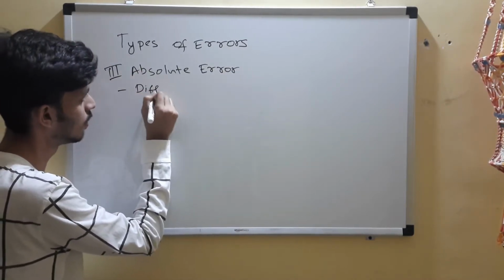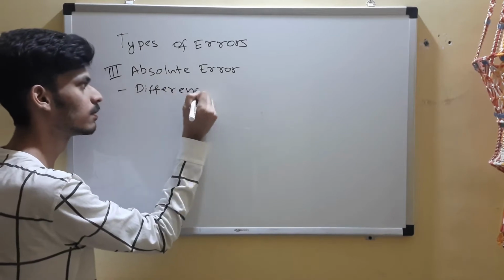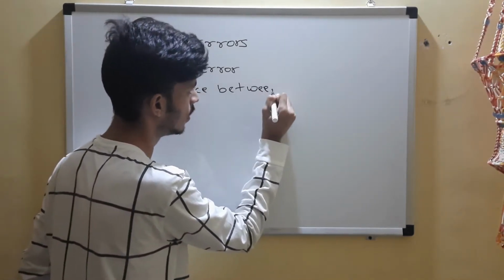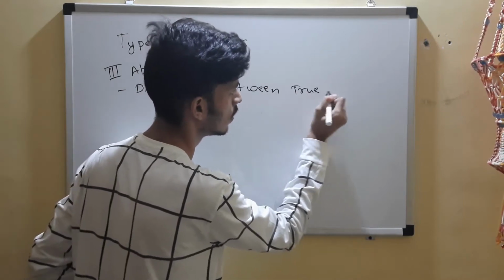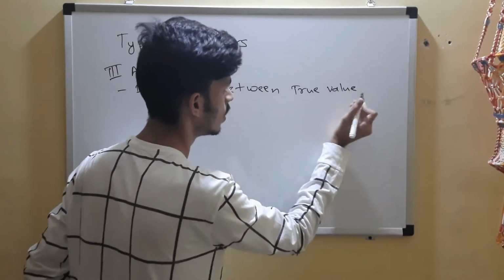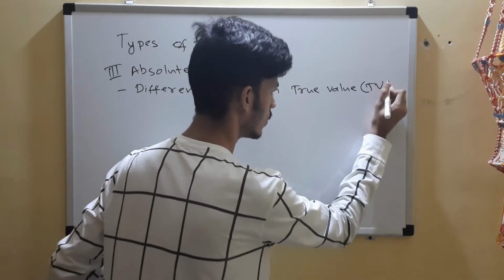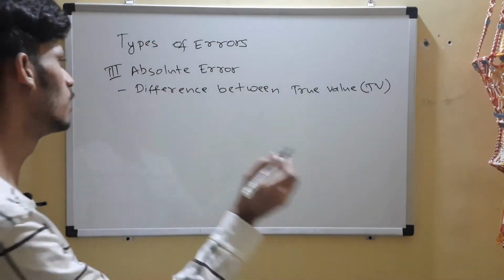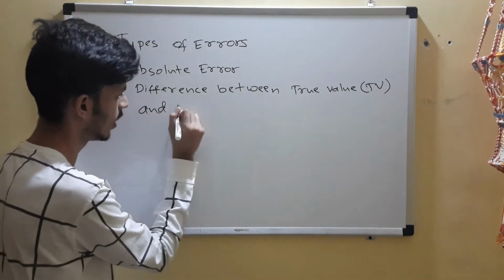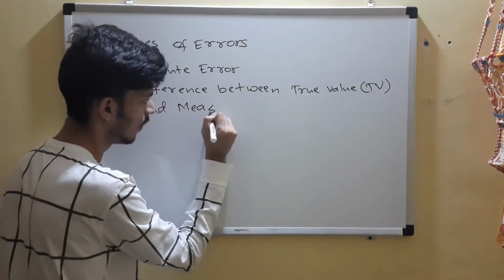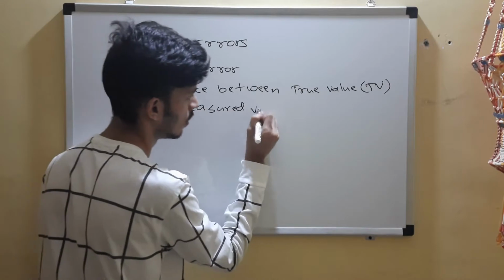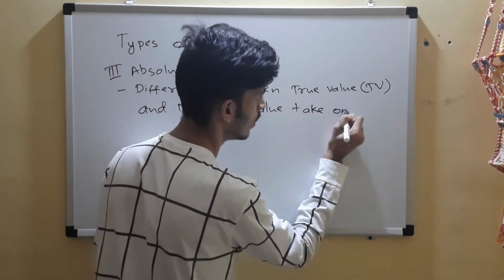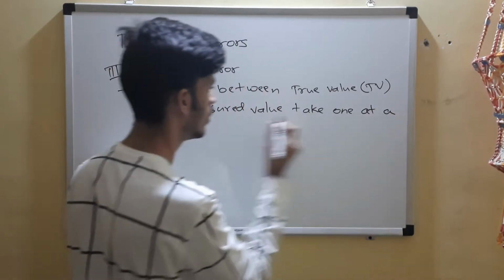Absolute error is the difference between true value, TV we'll say for short form, not television, true value, and measured value, taken one at a time.